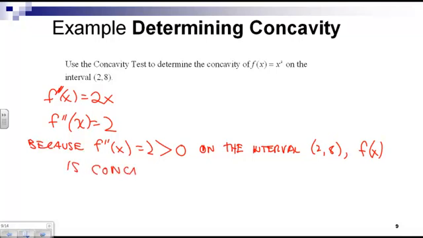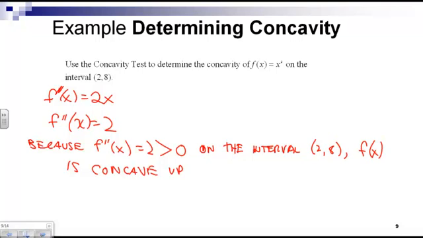That's an official math term. Notice I never used the word it. I said concave up because the second derivative of y is greater than 0.